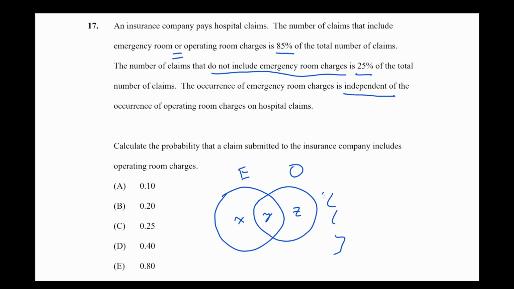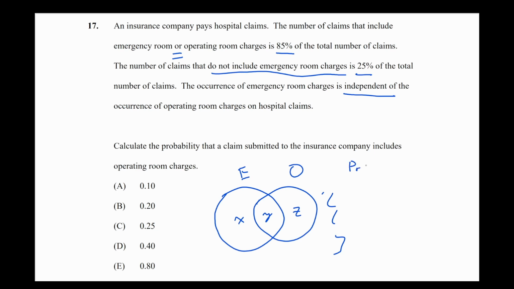So it's going to be Z and the squiggly portion that is 25%. So the question is, what is X and Y then? Well, if Z and everything else is 25%, that means X plus Y is equal to 1 minus 25%, or the complement of that.